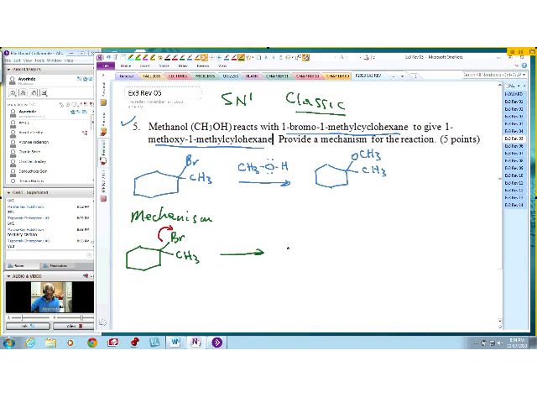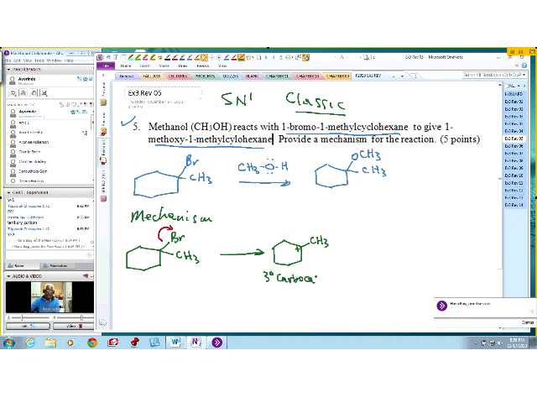In this case, we form a tertiary carbocation. And this is the rate limiting step. You need to indicate this is the rate limiting step.